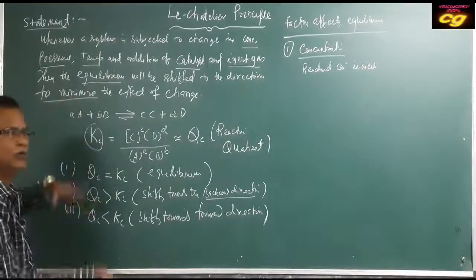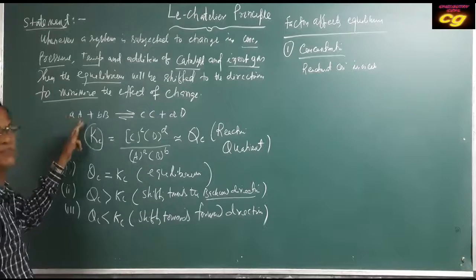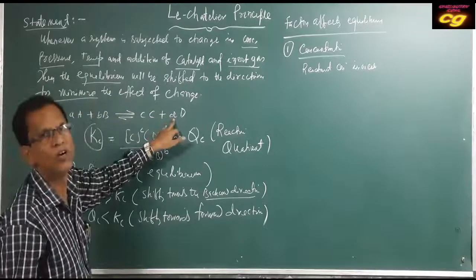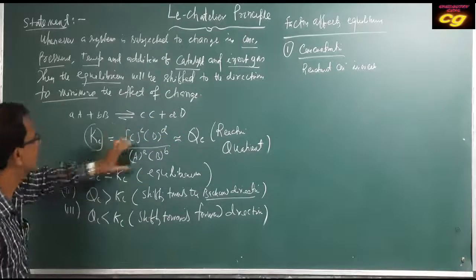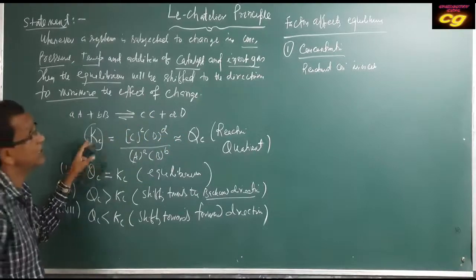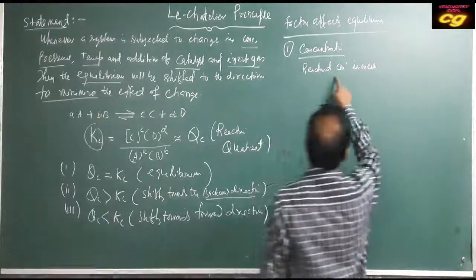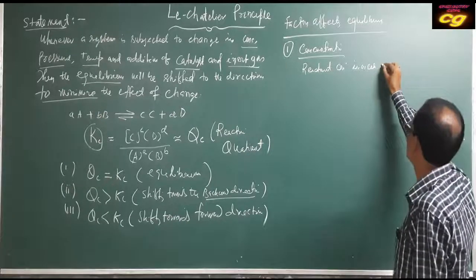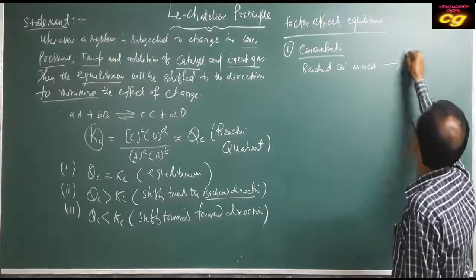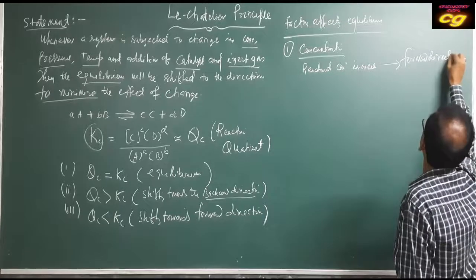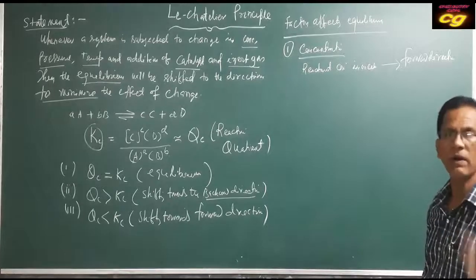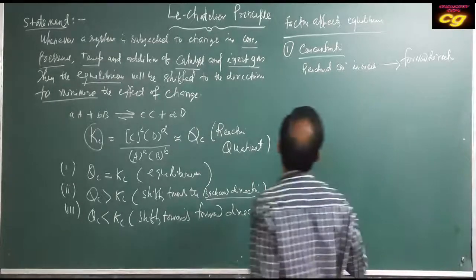That means AB is added, then equilibrium shifts towards the forward direction to give more C and D, so that this ratio remains constant. That's why increasing reactant concentration means equilibrium shifts towards the forward direction. Forward direction means more product will be formed.